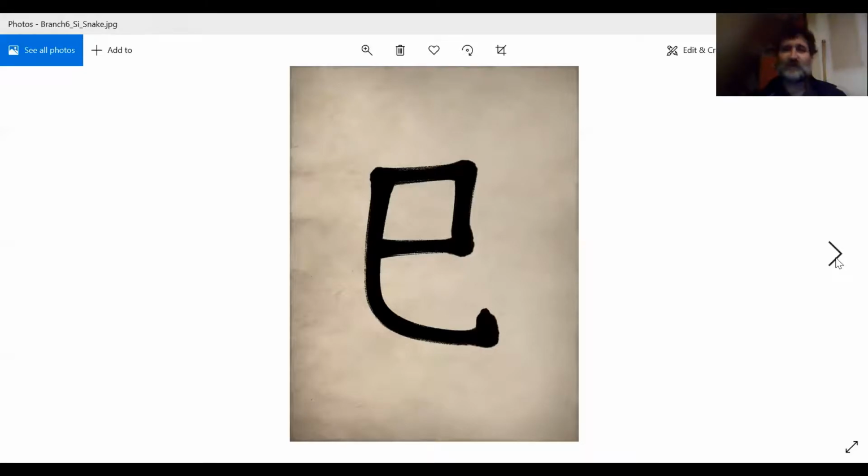So the snake is the consummate mystic, perceiving that which is hidden in darkness. Being in the midst of the yang part of the cycle, the snake longs for the state before birth.